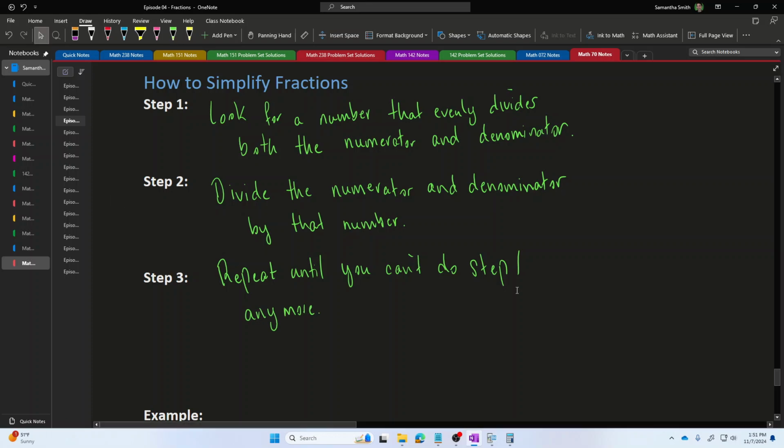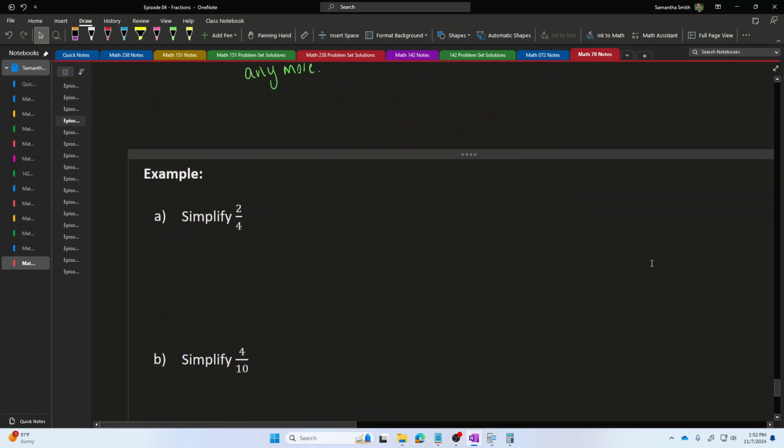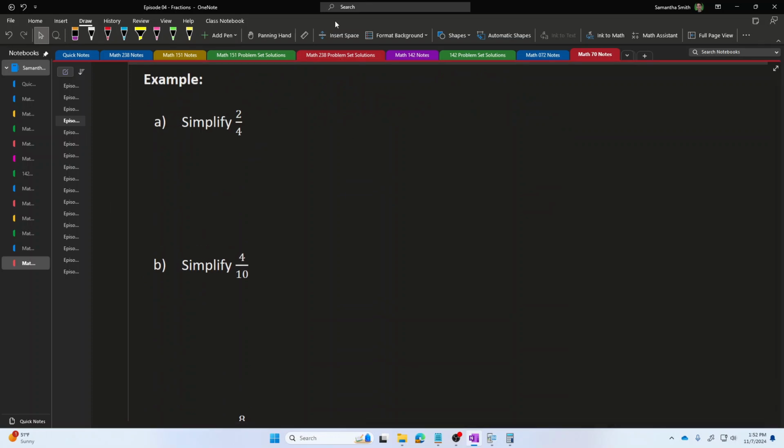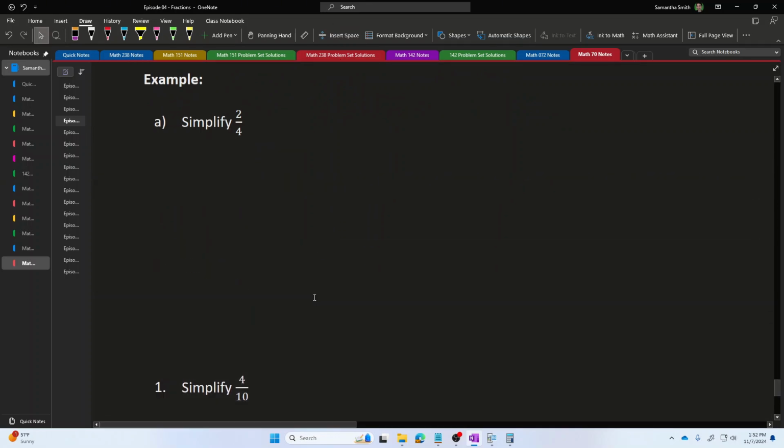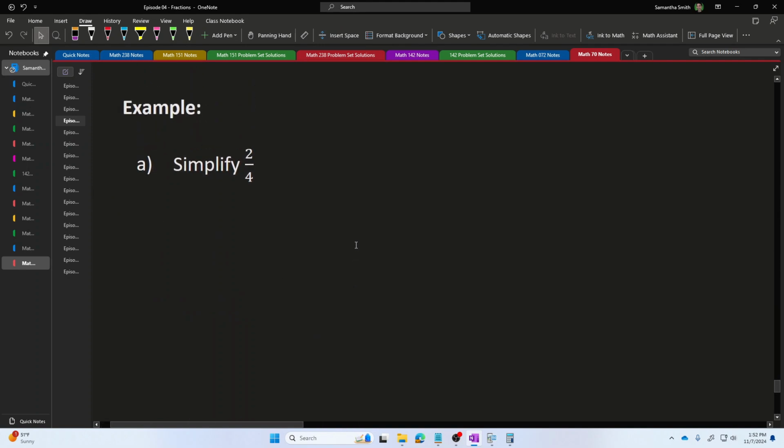Let me show you what I mean. Someone asks me to simplify 2 and 4. So the first thing that I'm going to do is ask myself, can I think of a number that can evenly divide 2 and it can evenly divide 4? Well, I think the number 2 goes into both 4 and 2 evenly.